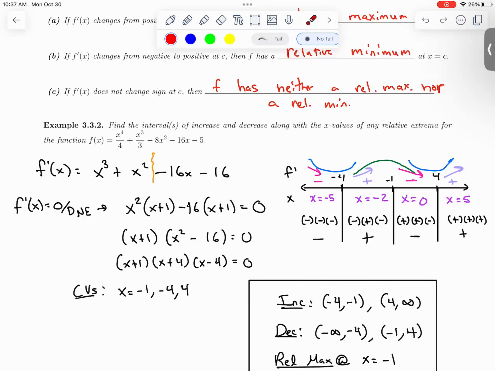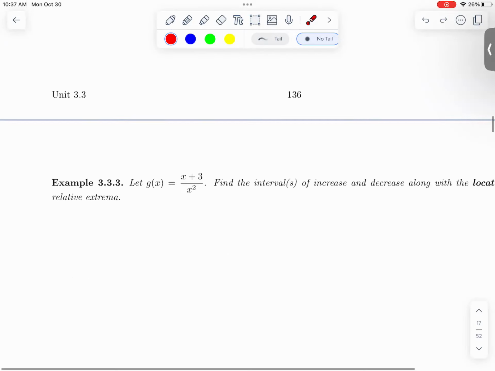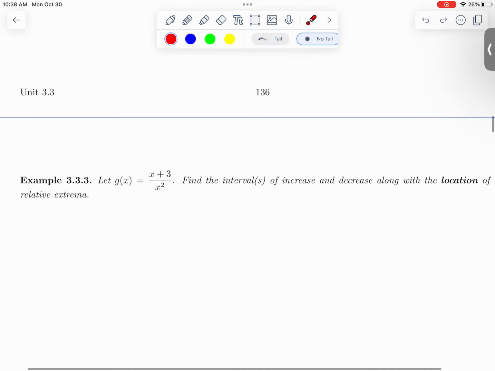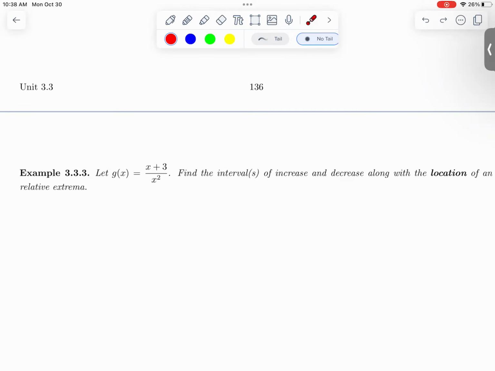Okay. Let's see here. These are two very important examples in terms of algebraic manipulation. This is where our algebra gets very tested.